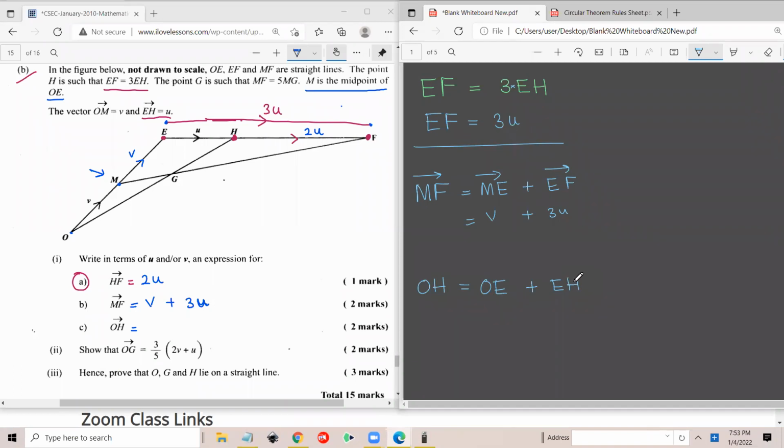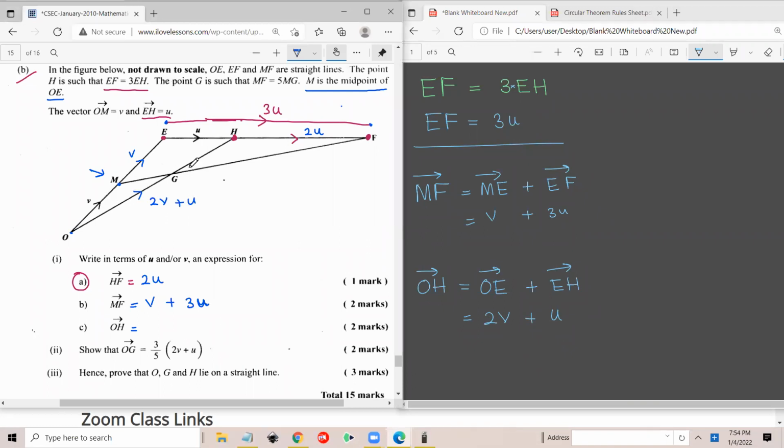Amber, correct. Right? So from O to E, that's 2V, right? A V and another V. So V plus V is 2V. And well, EH, we have it on the board there, is U, right? So from O to H is 2V plus U.